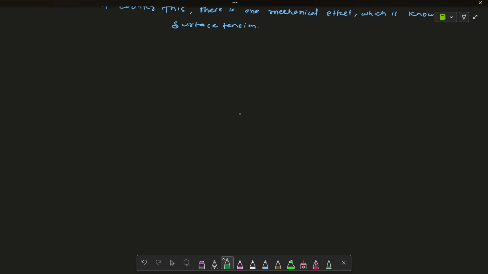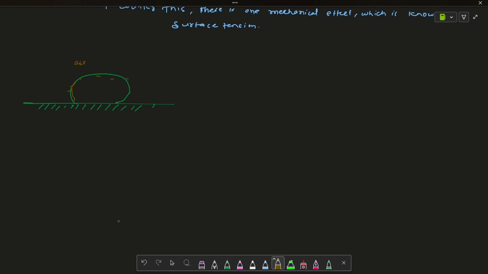For example, any surface, like a table with some fluid on it. There is an interface, with air on one side and water on the other.